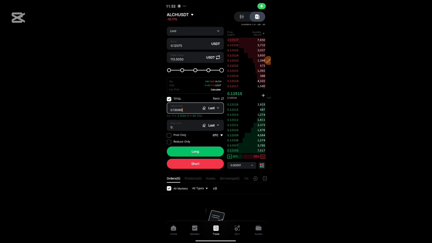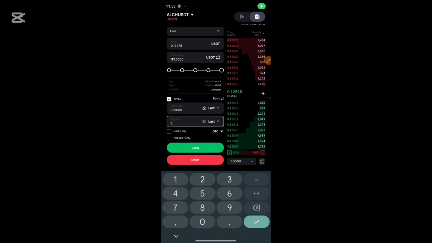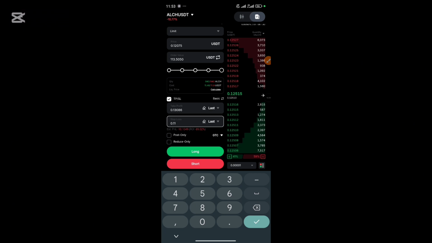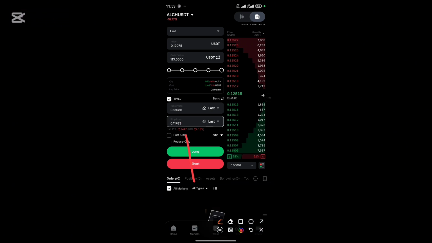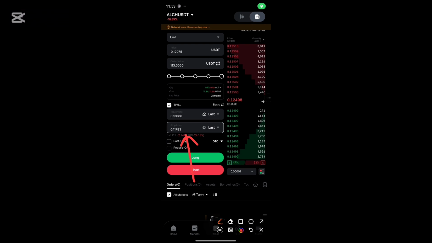So for my SL, I will input 0.11783. Now if you check what I'm having here, if my trade triggers and it refuses to reverse to the upward direction, which is long, it triggers and it's still going down and it comes to 0.11783, which means I'm going to be losing $2.